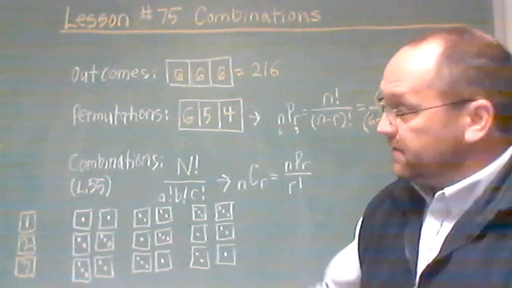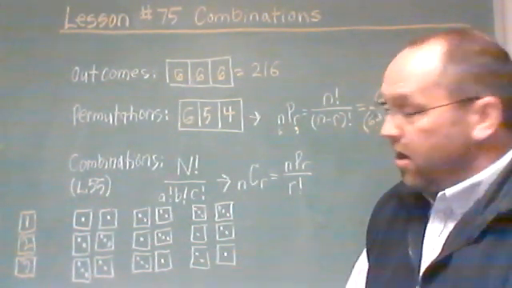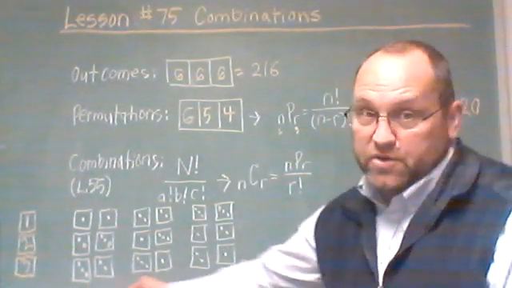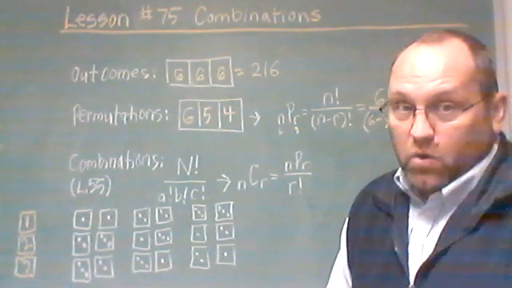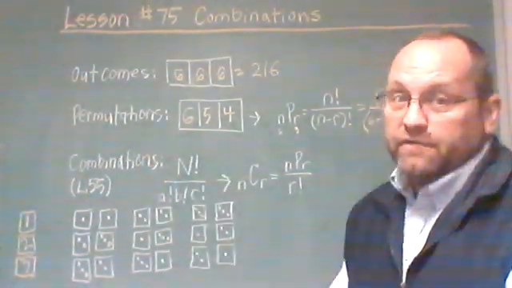Which dice I'm calling my first dice, which I'm calling my second, which I'm calling my third. All I see is a 1, 2, and 3. Any of these 6 permutations, to me, look all the same. It's a 1, a 2, and a 3. Okay, and so that's really what the definition of combination is.